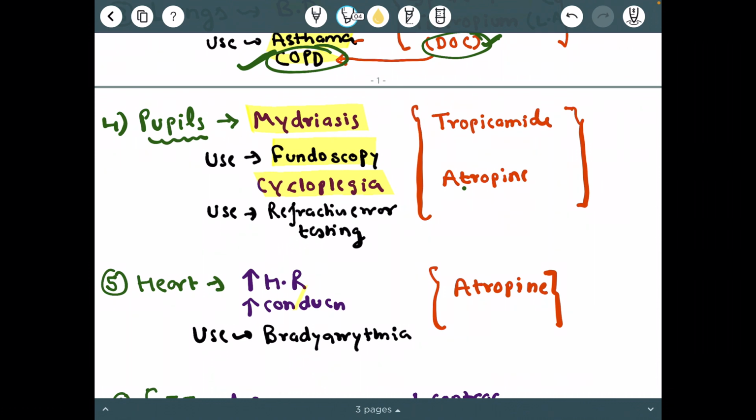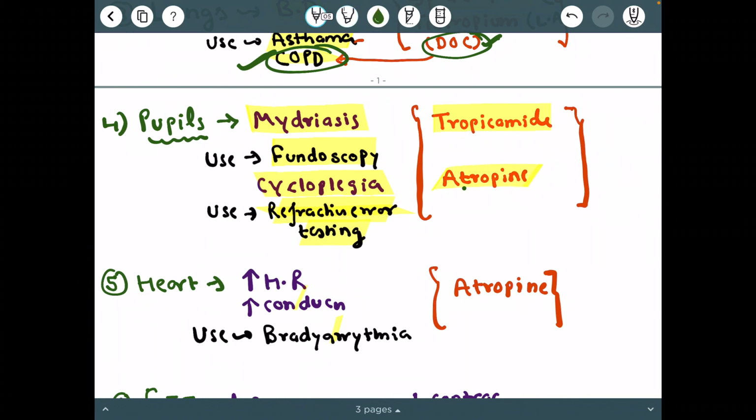And what is cycloplegia? It is the paralysis of the ciliary muscle. So now the lens of the eye will not move and there will be no accommodation power. So we can easily test the refractive error. Refractive error testing and fundoscopy can be done by antimuscarinics because they cause mydriasis and cycloplegia. It is very important. The main drugs are tropicamide and atropine.